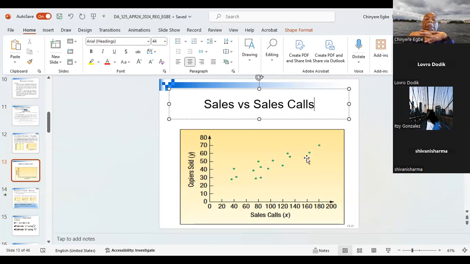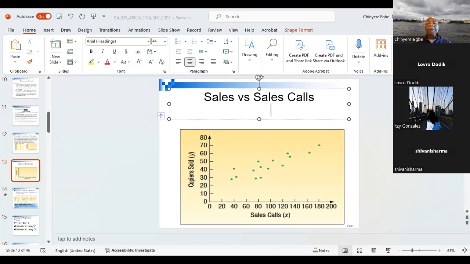Here we are simply saying that dollar sales is a function of calls. So we are saying that for a salesperson, the more calls they make, the more sales they generate.